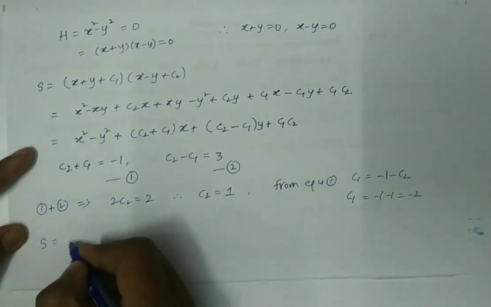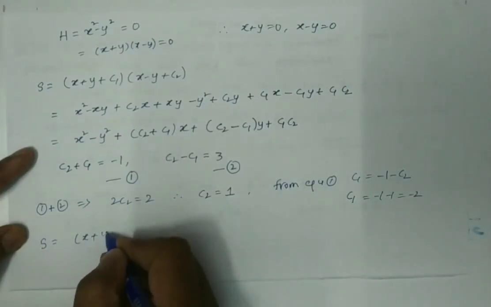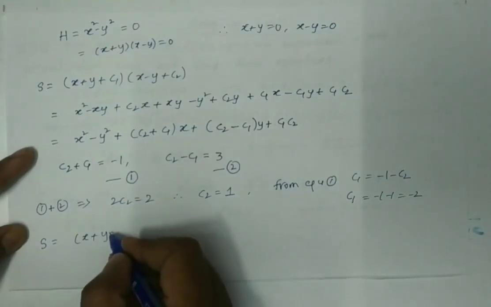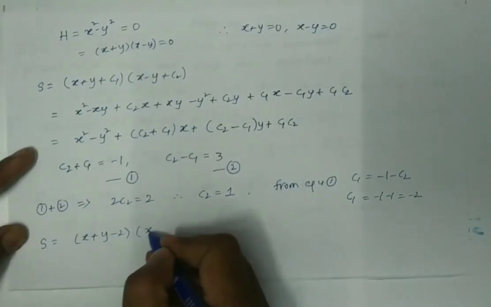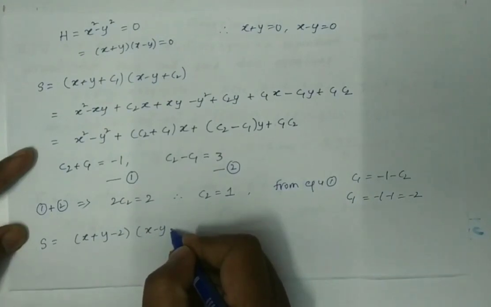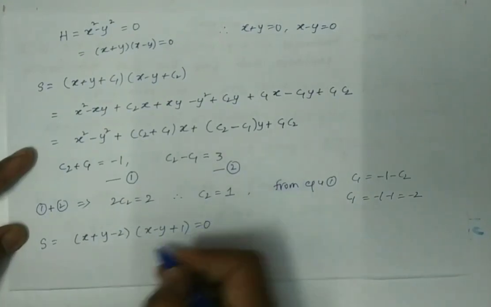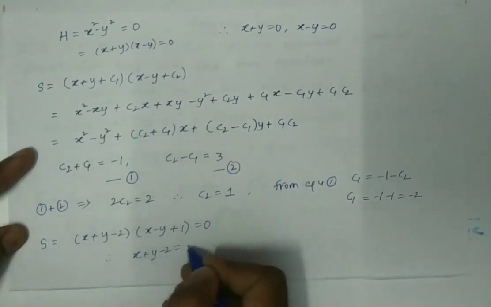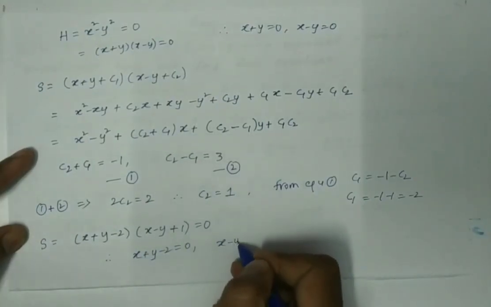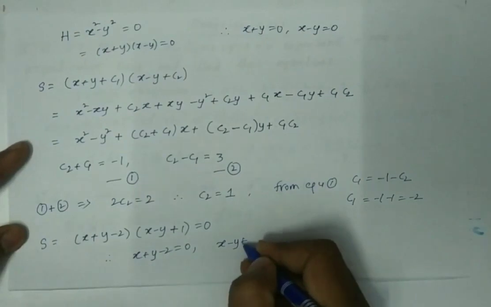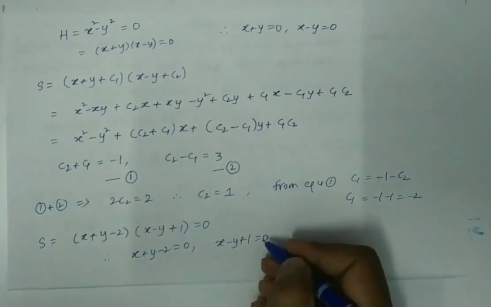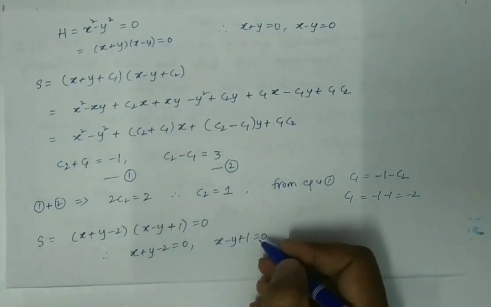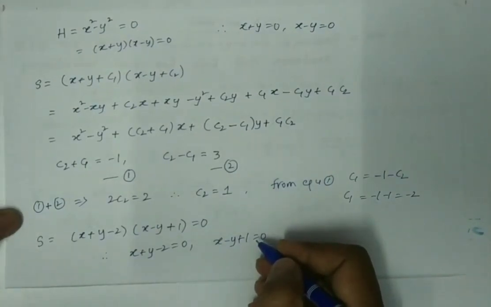Therefore S can be written as x plus y minus 2, and x minus y plus 1 is equal to 0. Therefore x plus y minus 2 is equal to 0 and x minus y plus 1 is equal to 0 represent the pair of straight lines represented by the equation S is equal to 0.